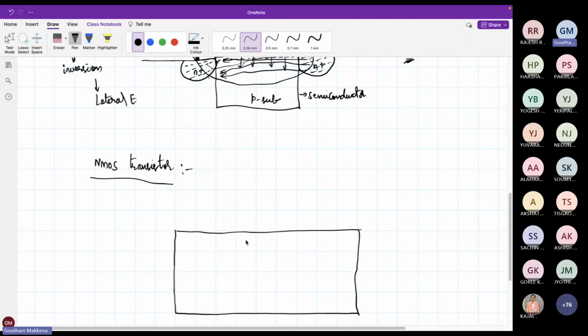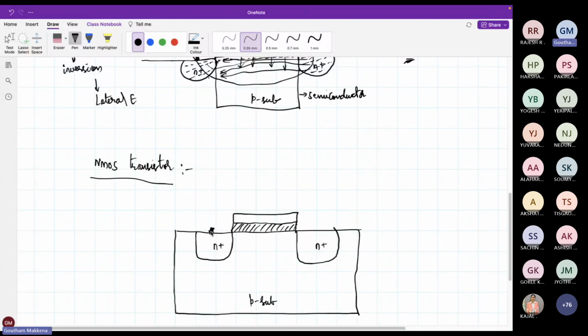In an NMOS, P type. And then I have two N plus regions. This is my P substrate. My MOS capacitor still has to be there. So this is my oxide layer and this is my metal.